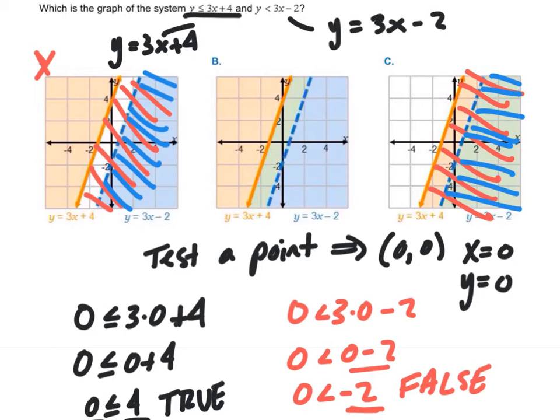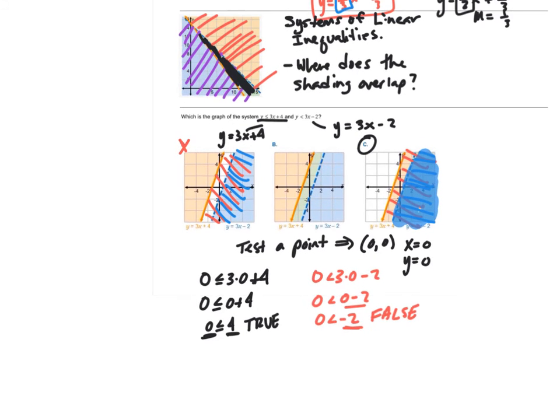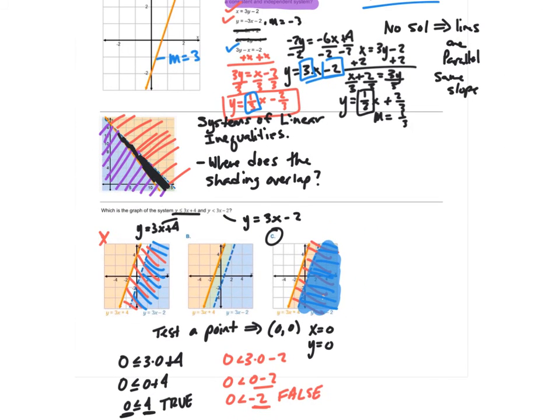The common area that we need to look for, that is our solution, is this area here, because that's where they both occur. So C is our right answer. All right, let's take a look at the next page.